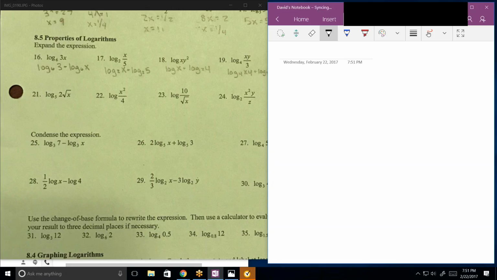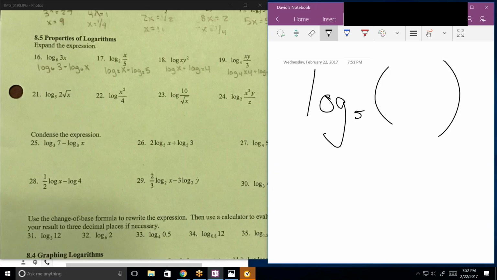All right. So the next one, 26. A single log expression. Inside the parentheses, what can I do with that 2?